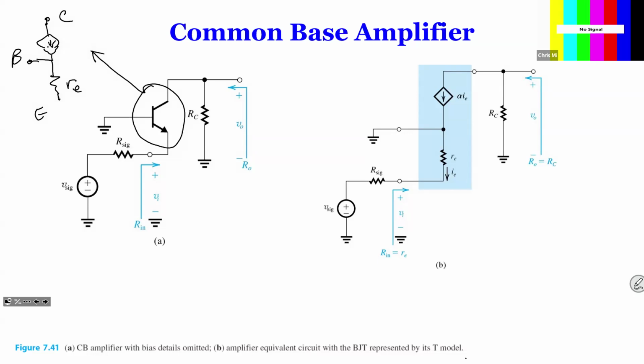So in this case, what we're going to do is we want to find VO. We want to find R in. We want to find I out. Okay. So to find VO, let's do it over here.